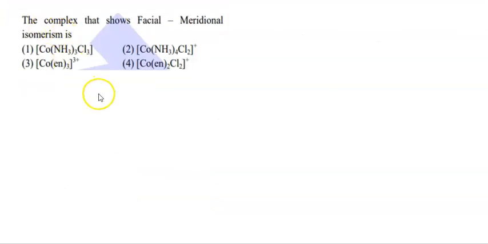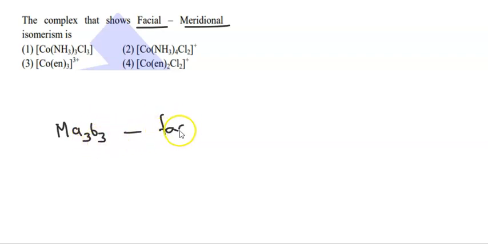Here it is a question from coordination compounds: the complex that shows facial and meridional isomerism. The complexes of the type Ma3b3 can exhibit facial and meridional isomerism, fac and mer isomerism. So the first one is in the form of Ma3b3, which can show facial and meridional isomerism.